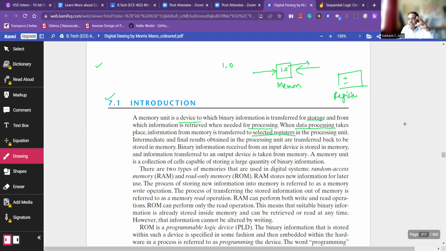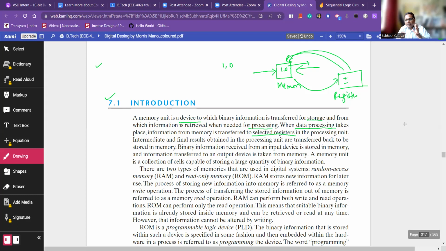But we need some space where data is saved after or before the operation. That is called the memory unit, where we either take the data or save the data. We take the data, do the arithmetic manipulation, and then save it back again.